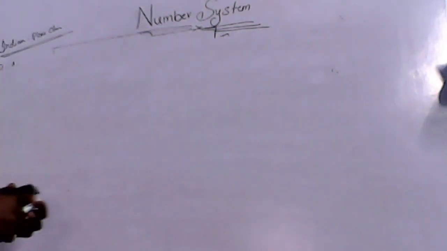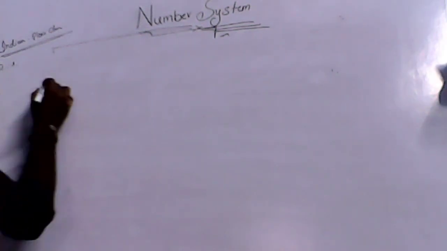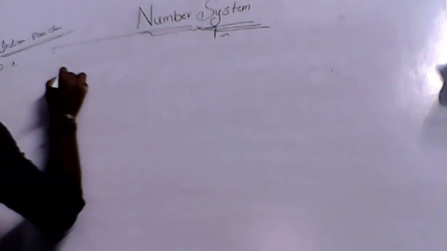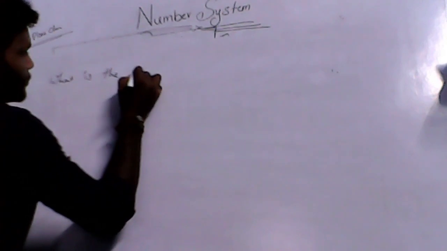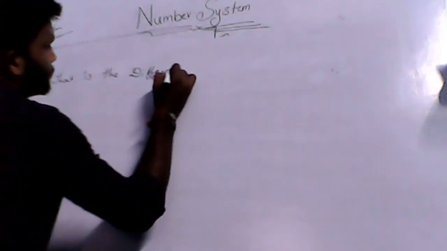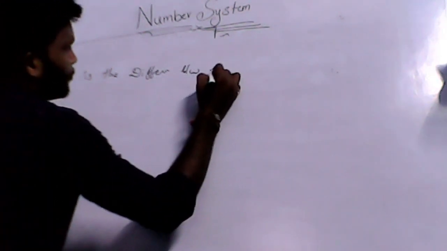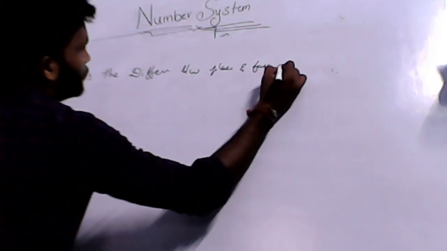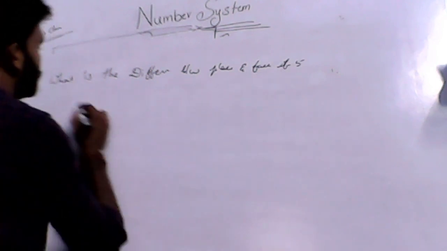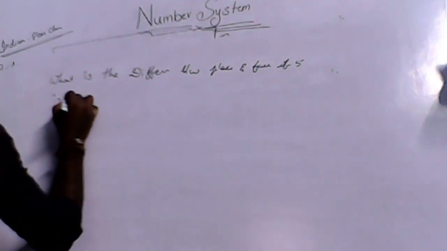And let's have one more question like, what is the difference between place value and face value of 5 in the given number?